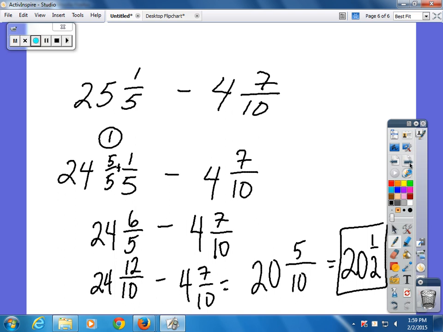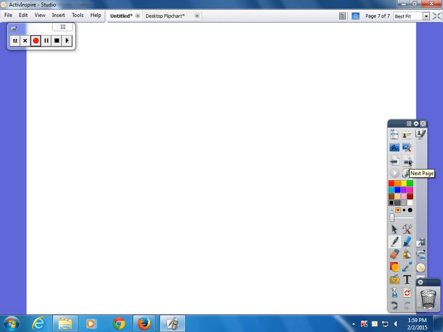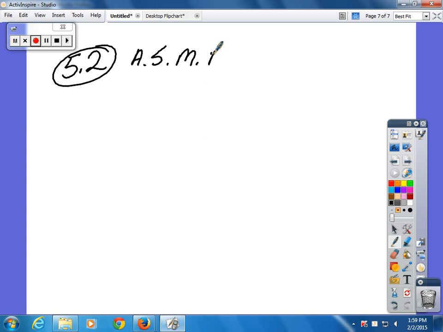Now, in 5.2, we skipped 5.2 basically because it was adding, subtracting, multiplying, and dividing signed numbers.